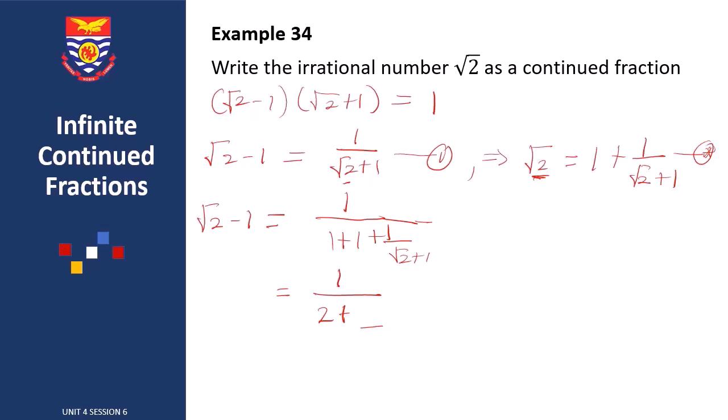Then I put root 2 over there. At the end of the day, what do I get? I get 2 again, plus 1 divided by 2 plus 1 divided by, in that order, so it goes up to infinity.